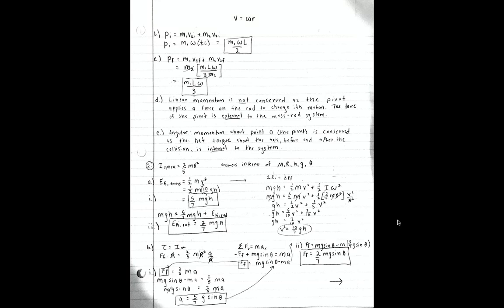Without friction, it would slide down the incline. The reason why it rotates is because the incline has friction. So the torque is due to friction. Force of friction times the radius equals 2/5 mr squared times a over r. So we're plugging in for I and for alpha. The r's all cancel, and our equation simplifies to the force of friction equals 2/5 m times a.